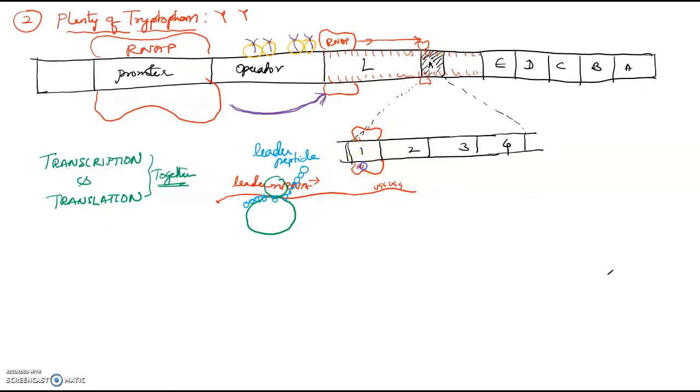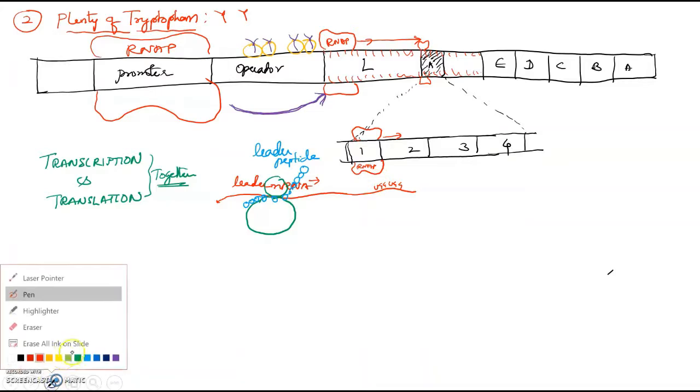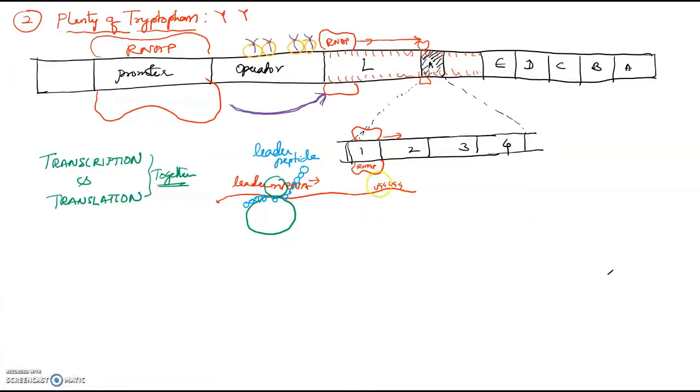So this leader peptide is formed by the leader mRNA, and this ribosome is going forward, and this RNA polymerase is also going forward. When the ribosome reaches here, it will add two tryptophans to this polypeptide chain.